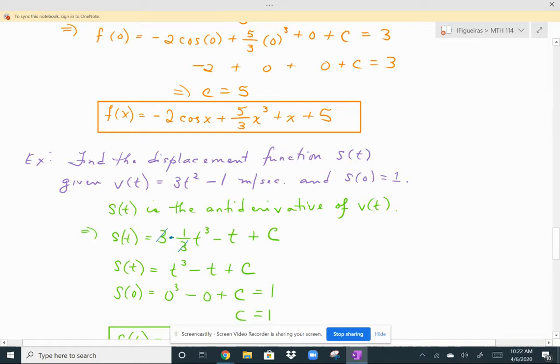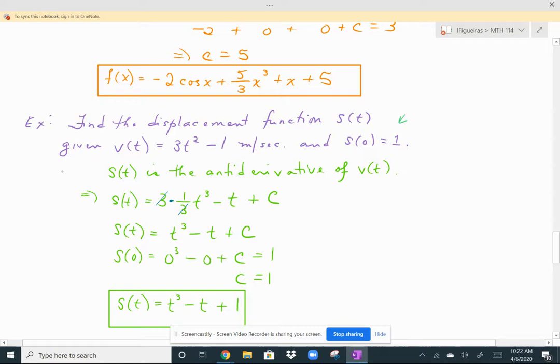So find the displacement function s of t, given that v of t is equal to 3t squared minus 1, and that's in meters per second, and s of 0 is equal to 1. All right, so s of 0 equal to 1 is our initial value condition. So remember, the antiderivative of velocity is displacement, which is what you see here.